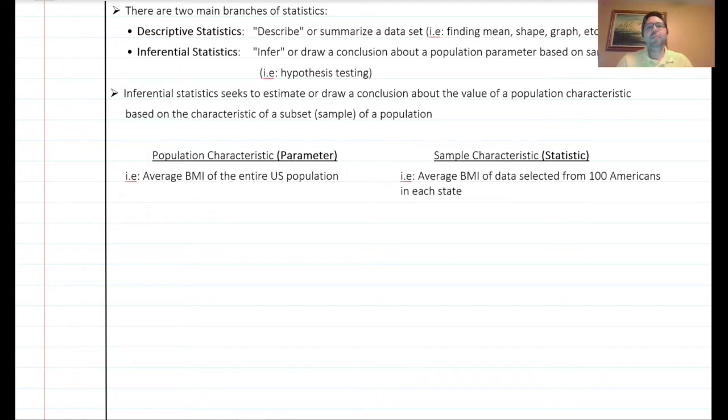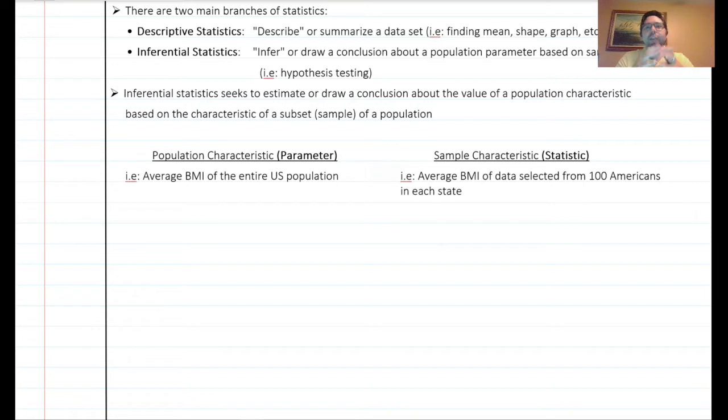Let's say you wanted to know what that is. In order to know, we need to take a small portion of the US because it's not possible to sample every single American. There's 600, 700 million people, at least in the US. So surveying every single person is not really feasible.